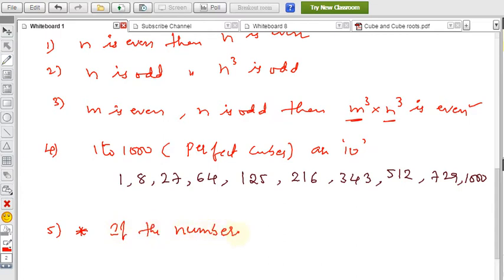In case any number is ending with these, then their cubes are also ending with the same.